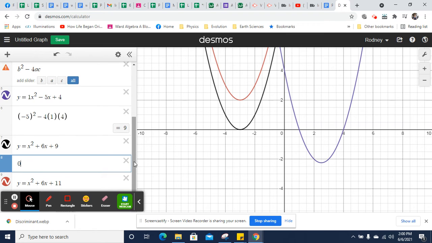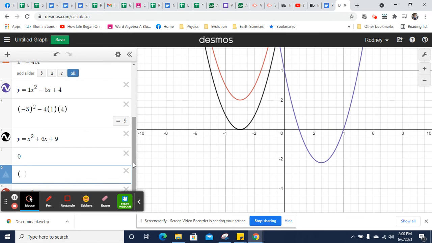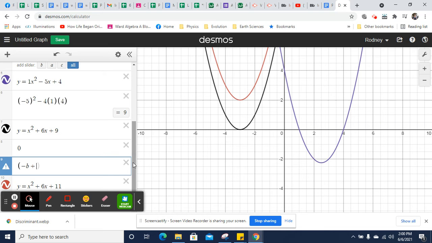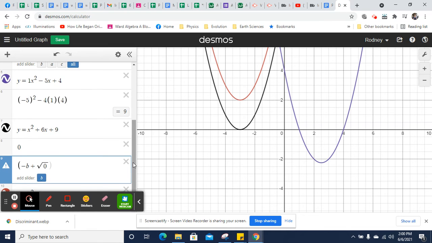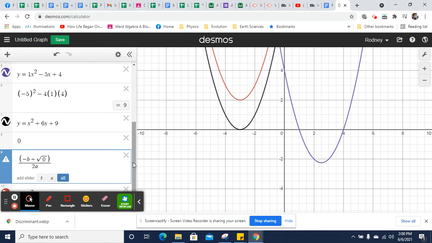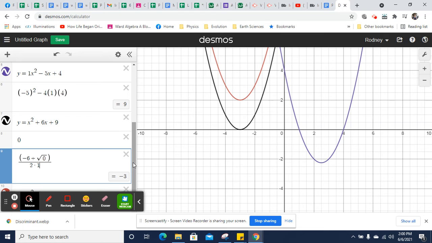If I plug that into the quadratic formula, which I'll do now, okay, negative b plus or minus the square root of 0 all over 2a. And we'll replace a with 1, replace b with 6, and you end up with negative 6 plus or minus the square root of 0.